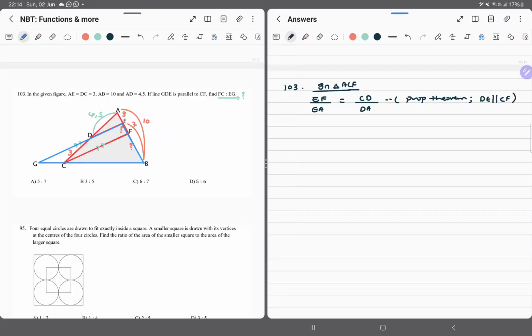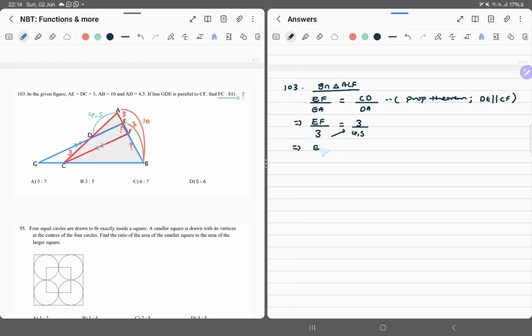So this implies that EF over EA is 3, equals CD, it's 3 over DA, which is 4,5. Then we just cross multiply that 3.